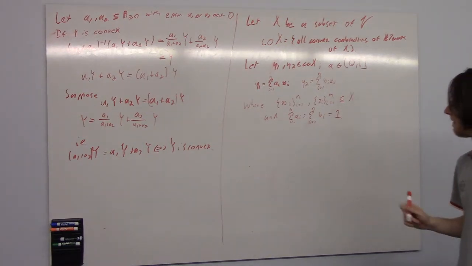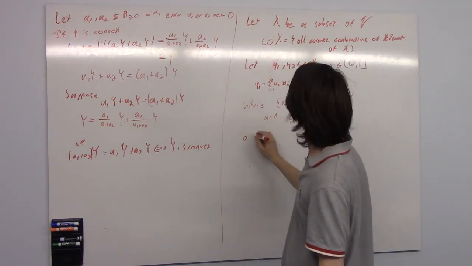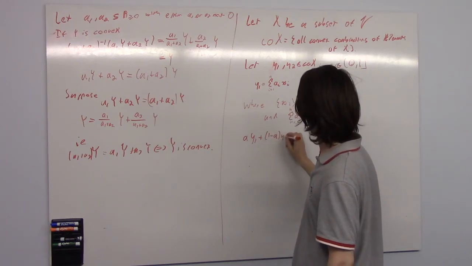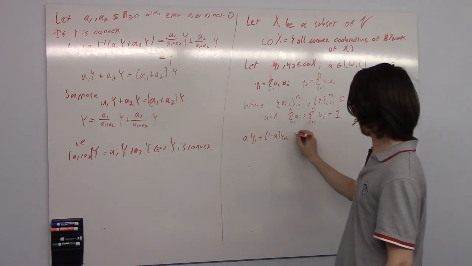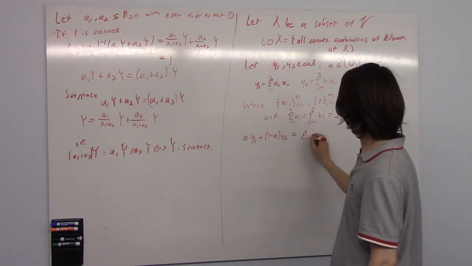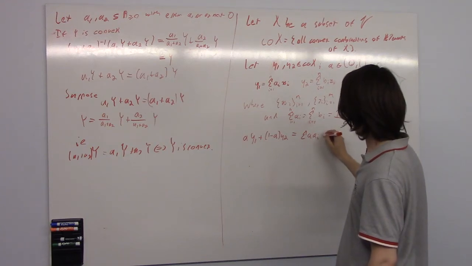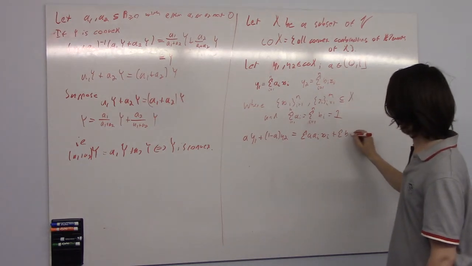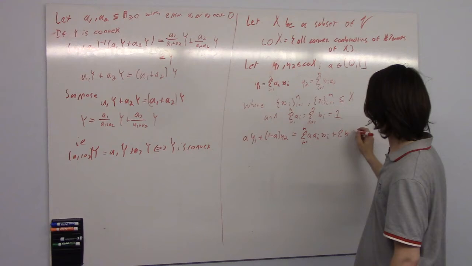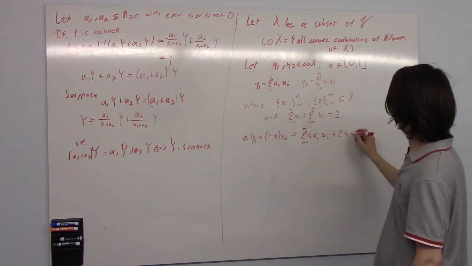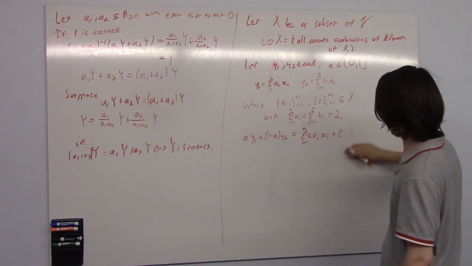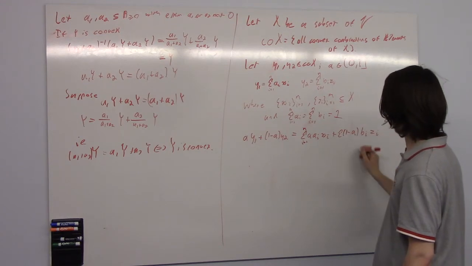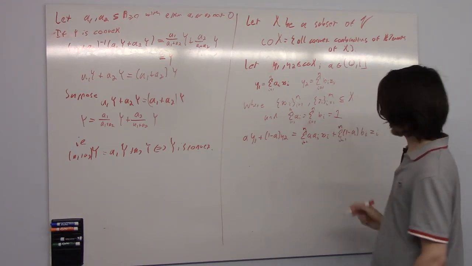Okay, then a y1 plus (1 minus a) y2 is going to equal the sum of a ai xi plus the sum of (1 minus a) bi zi.